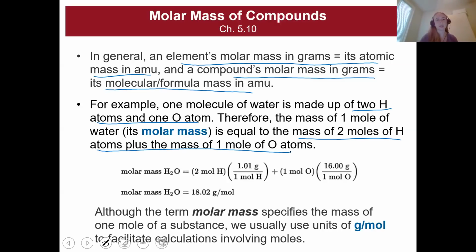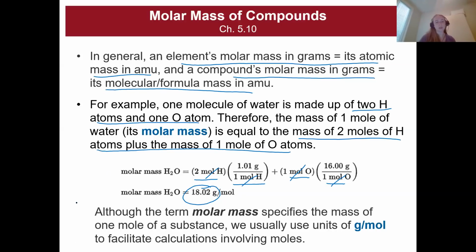So we take our molar masses of the elements, 2 moles of hydrogen in 1 mole of water, and multiply it by the molar mass of hydrogen, and 1 mole of oxygen in 1 mole of water, multiply it by the molar mass of oxygen. Our moles cancel out, and we end up with 18.02 grams as our molar mass of water.